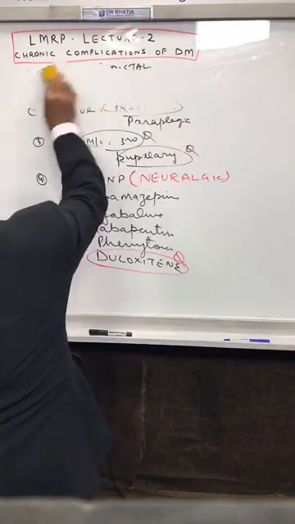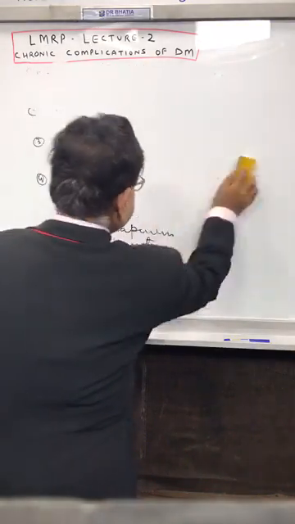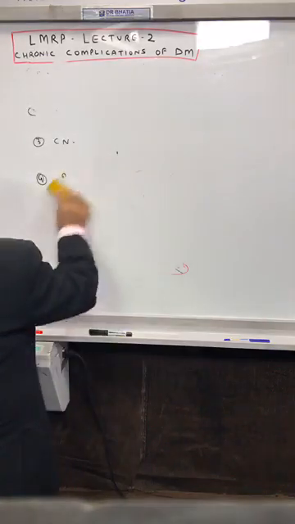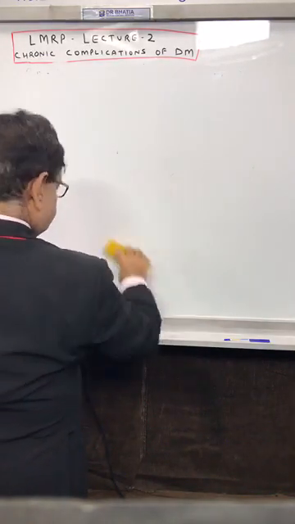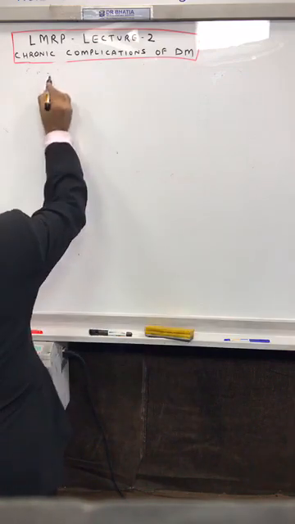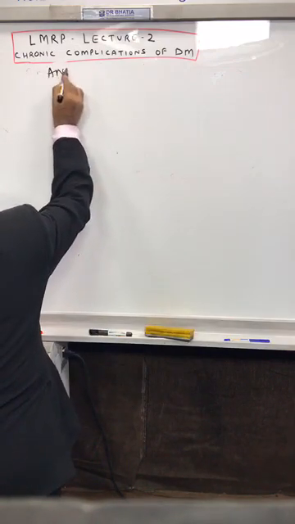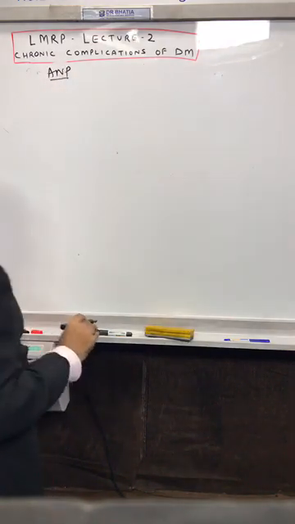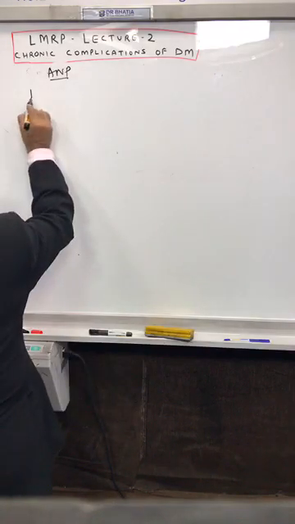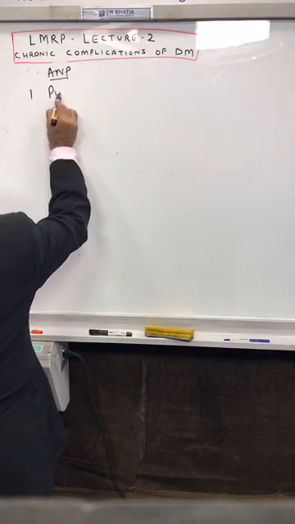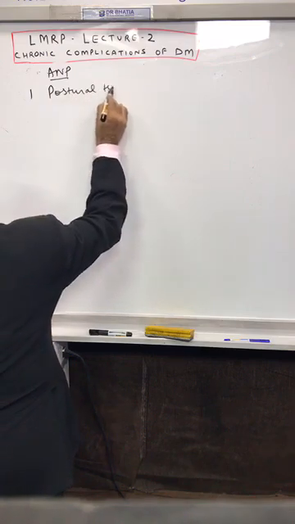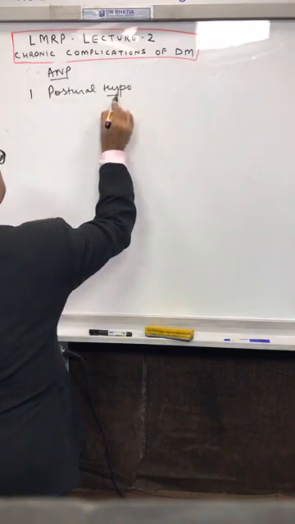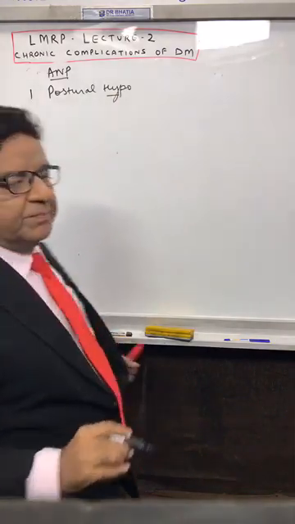Then we talk about autonomic neuropathy, which itself is a very, very important question. Now, how does the patient manifest? Postural hypotension. Okay, this is one manifestation.